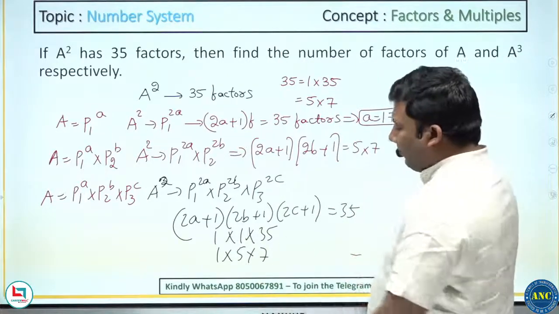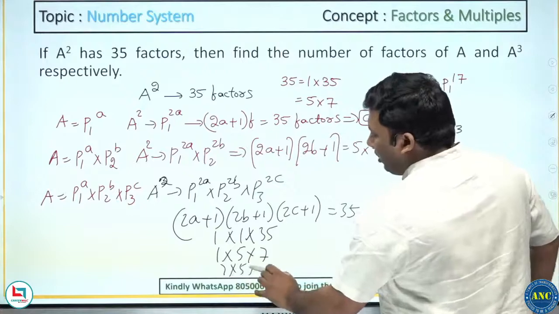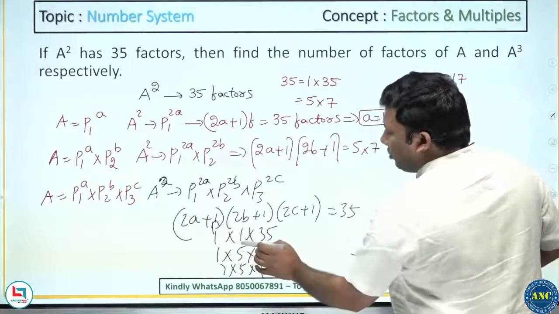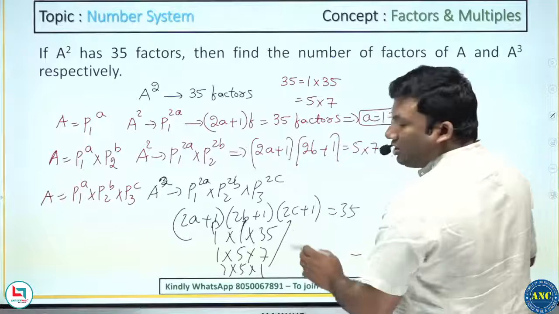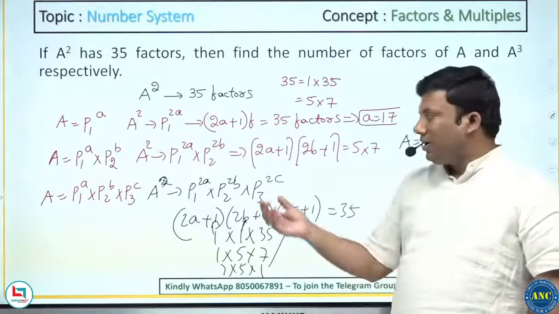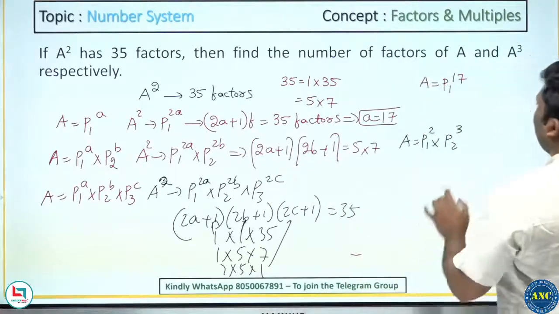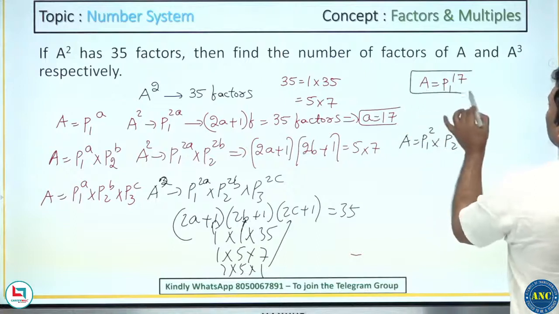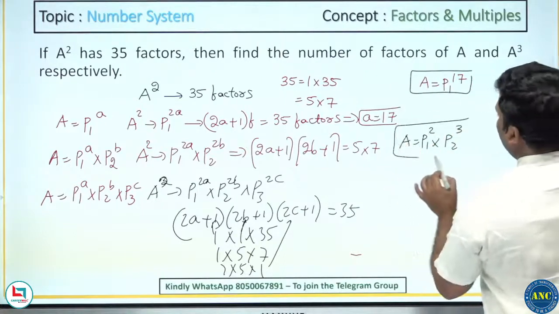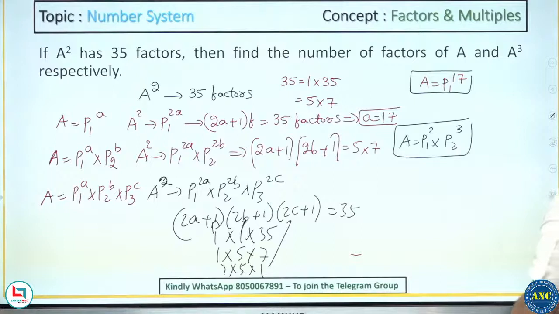See here, 7 into 5 into 1. 1 can be assigned to any of these, and that exponent will become 0. So a maximum of 2 prime bases is possible. A is P1 power 17, or P1 power 2 into P2 cube.